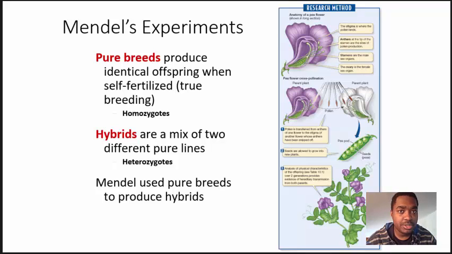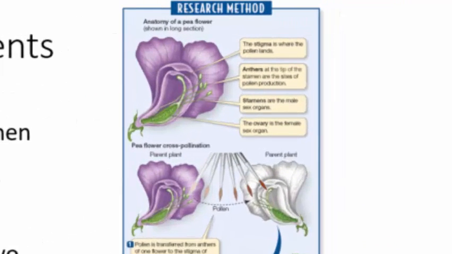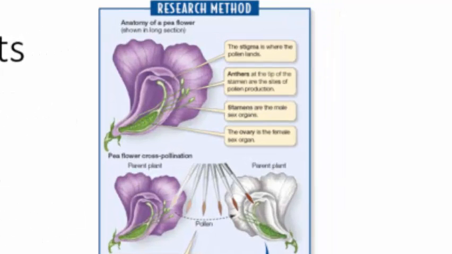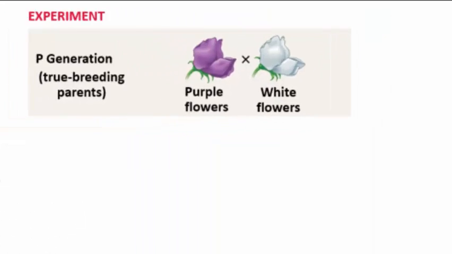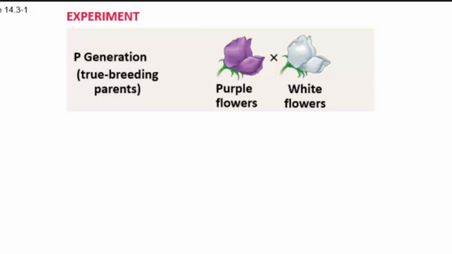So the example that we're going to look at here shows what happens when you cross true breeding purple flowers with true breeding white flowers. And the results of that experiment were as follows. Gregor Mendel called the parental generation, generation P, and again these were true breeding parents. In other words, if you take these purple flowers and self-pollinate them, they'll always produce purple flowers. If you take these white flowers and self-pollinate them, they'll always produce white flowers. But he crossed them with each other.